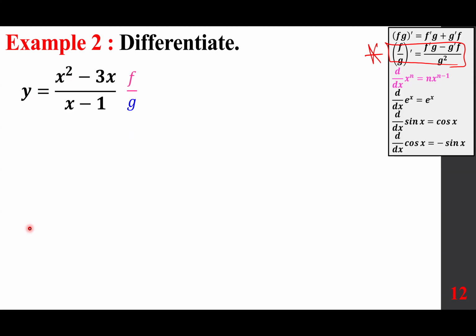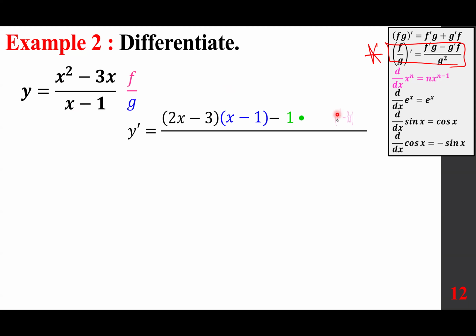So y prime is f prime, which is 2x minus 3, times g, which is x minus 1, minus g prime, which is just 1, times f, the numerator, x squared minus 3x, over g squared, the bottom, in the parentheses and a square.